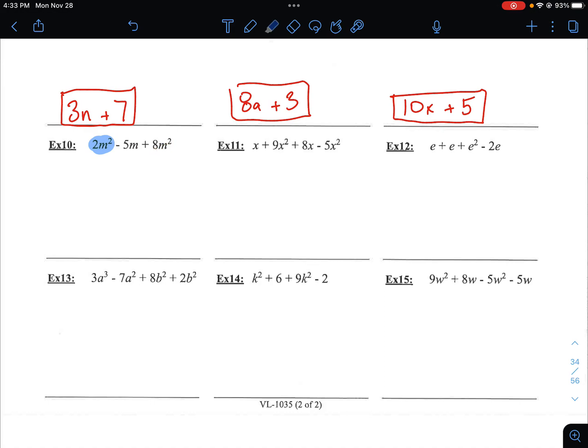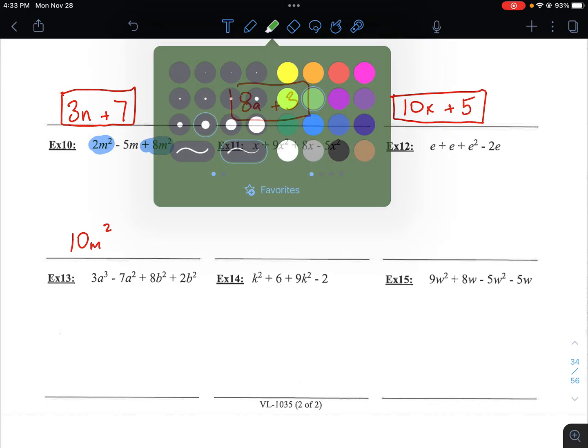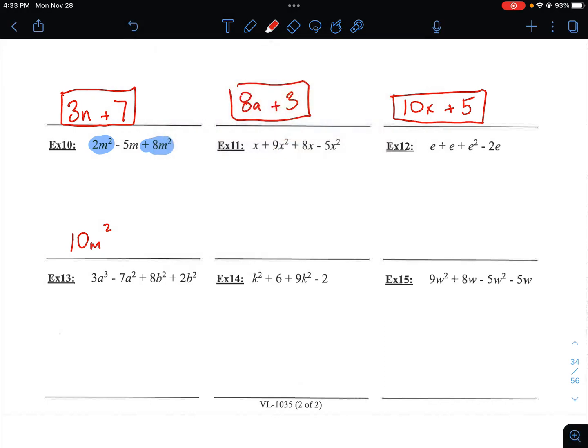This is 8m to the second power, so 2m to the second power plus 8m to the second power. How many is that? That is 10m to the second power. What else do I have in my expression? I also have that minus 5m, so I need to include that in my answer, minus 5m. There's nothing to combine it with, so that's it.